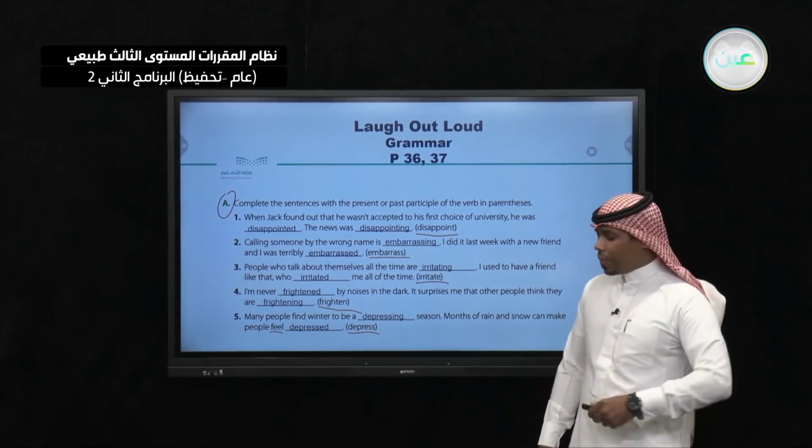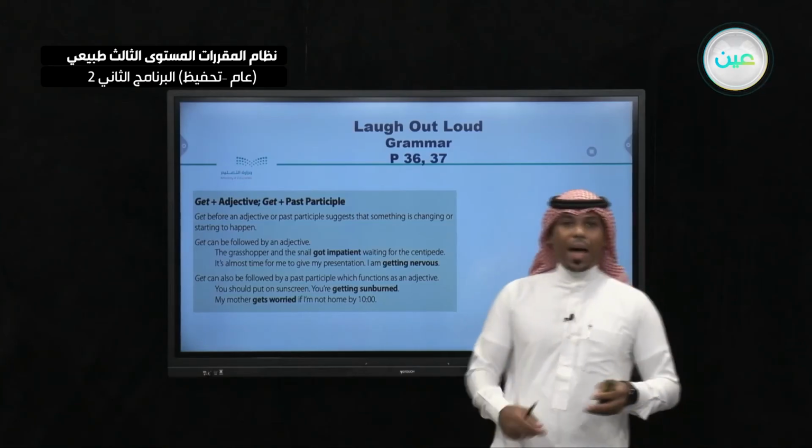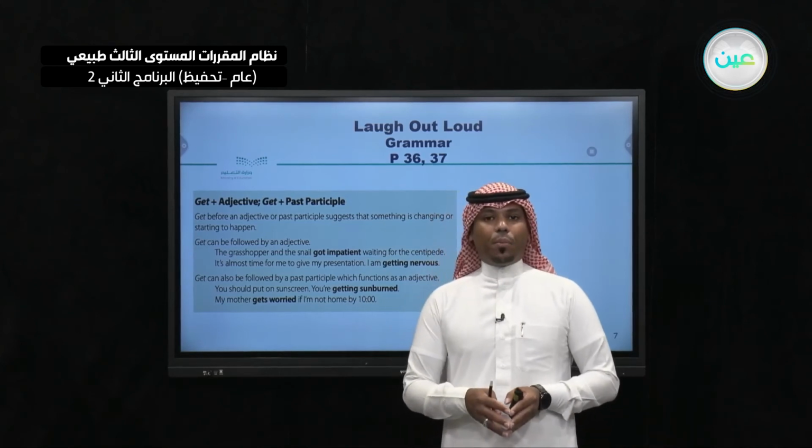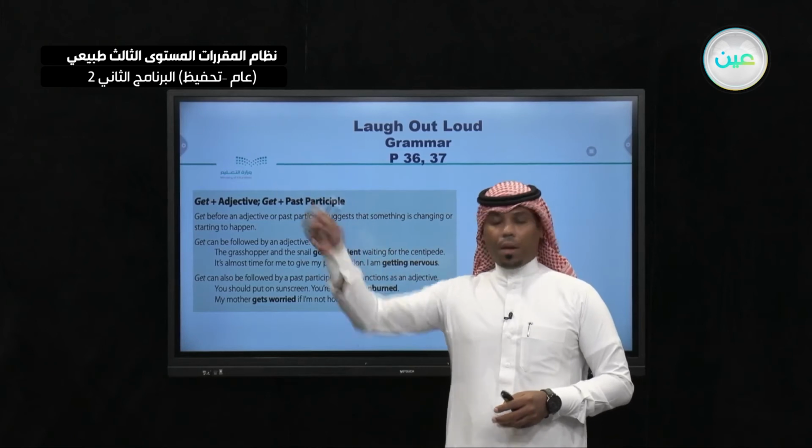Very good. Now let's move to the second point of our lesson today, which is get plus adjectives and get with the past participle. Guys, sometimes get has many meanings. For example, to reach a destination: I got there.